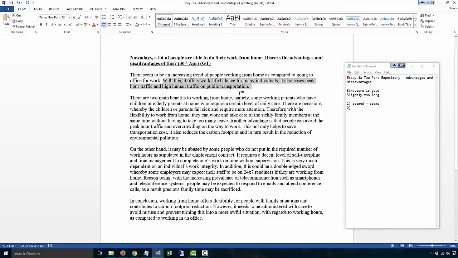While this offers a few advantages, there are also some disadvantages which are worth considering. Remember, that's a general phrase. He or she is trying to use the more specific kind of thesis. Remember the GSM method, general specific mix. So rather than using a general phrase, he's trying to list out the actual points.